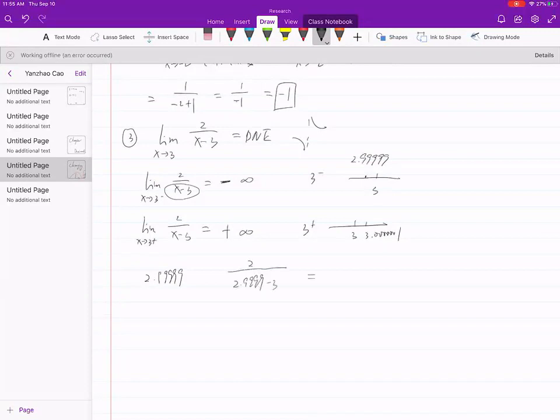What do you think that thing is going to be? Something small. Positive or negative though? Negative, because it's 2.999 minus 3. Therefore, this is a negative huge number, because 2 over something small gives you something huge, but you still have a negative sign.